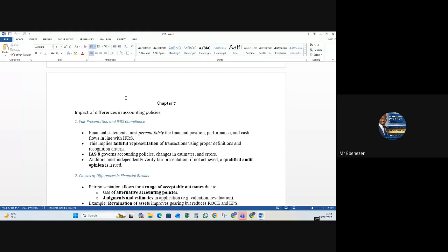All of this must be stated. Now, IAS 8 governs accounting policies, changes in estimates and errors. Auditors must independently verify fair presentation. And if this is not achieved, a qualified audit opinion will be issued. So when your accounting policy does not show a fair presentation, your financial statement will be qualified.